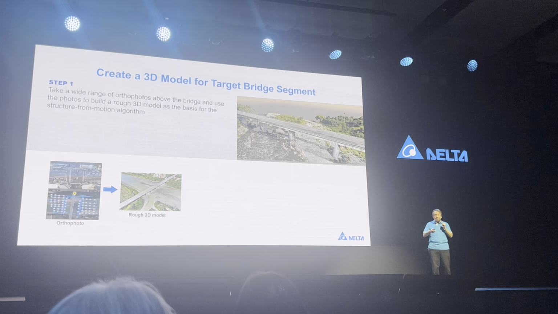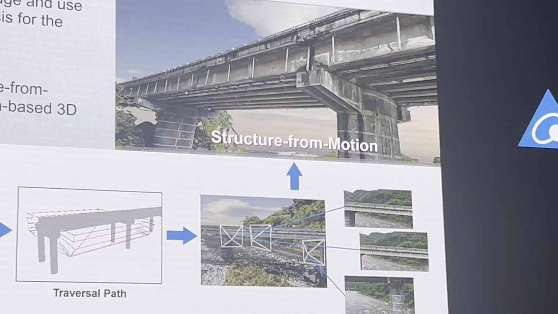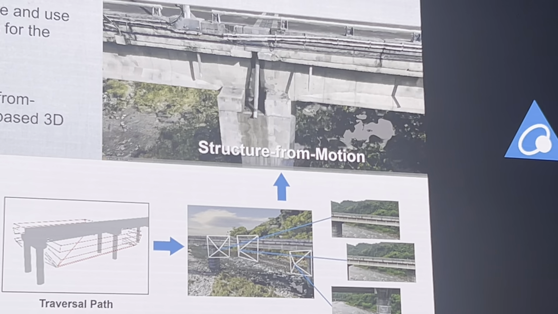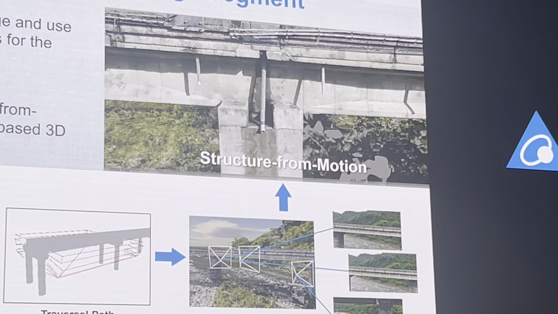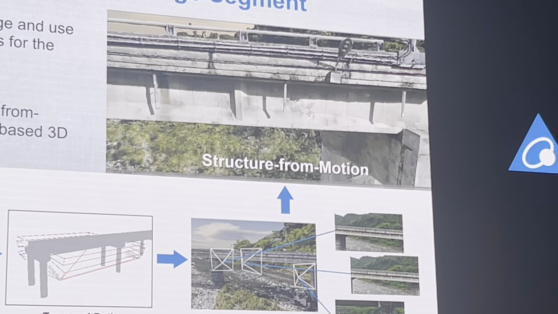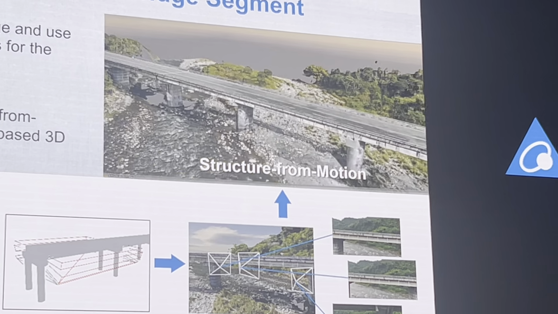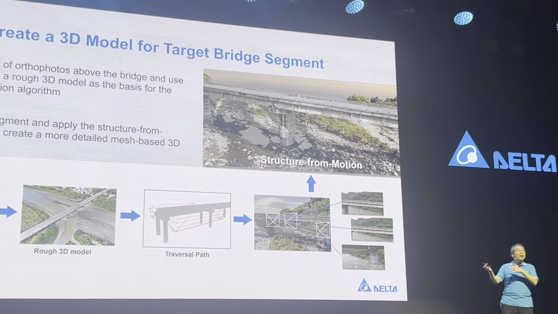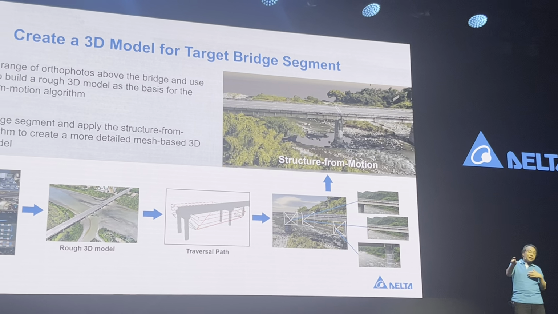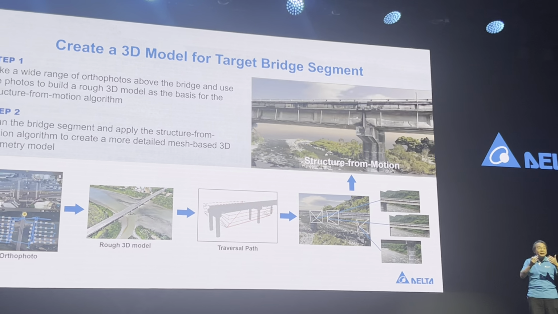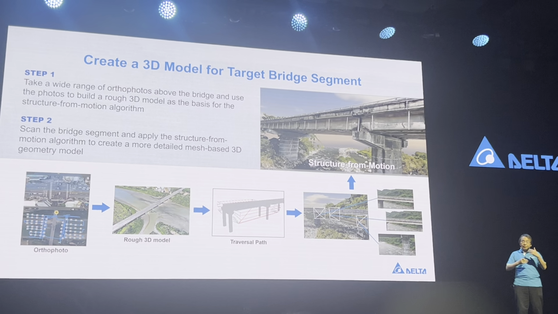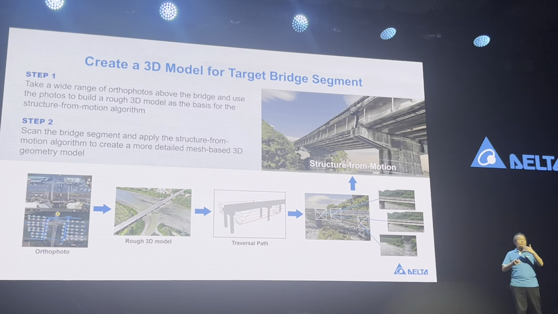Based on this rough 3D model, we use it as a baseline and continuously scan the bridge segment and apply the so-called structure from motion algorithm to create the detailed 3D model that we want. Once we have this detailed 3D model as shown here, we can use it for interactive browsing and for computing the inspection flight path.